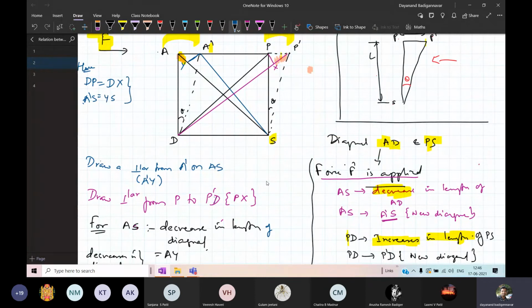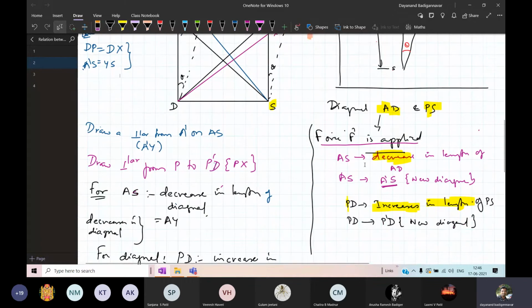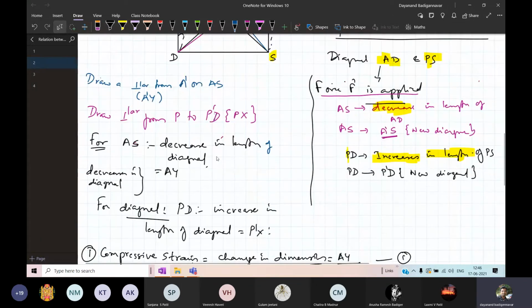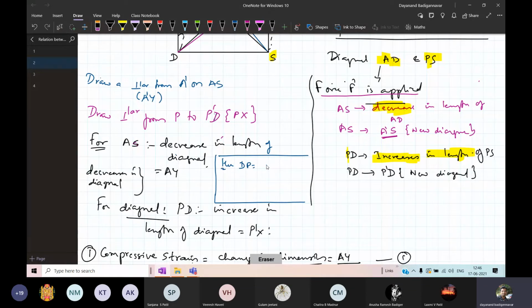Okay, so this is the case. I can write it after I draw the diagonal, or you can also write it here. It's the right place to write it. So remember this: dP is equal to dx, and A dash S is equal to ys.